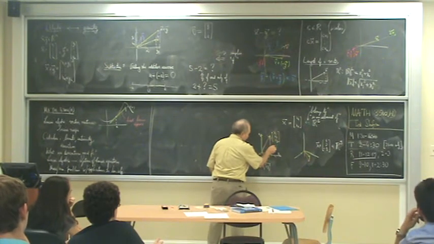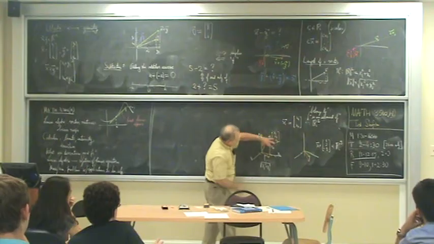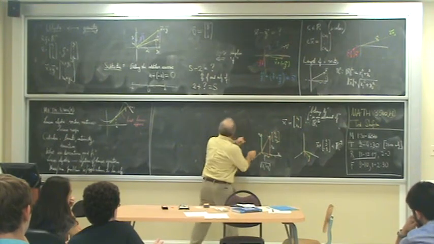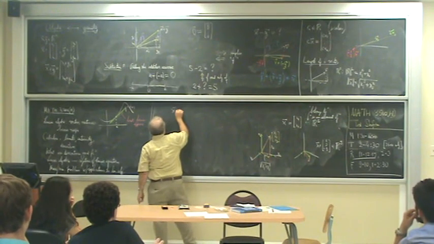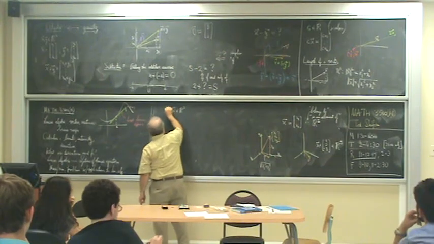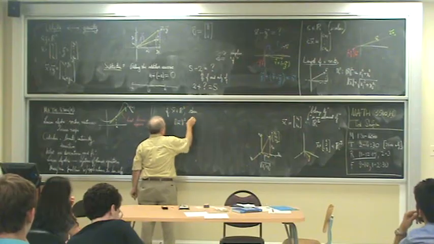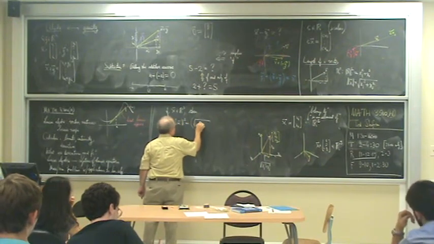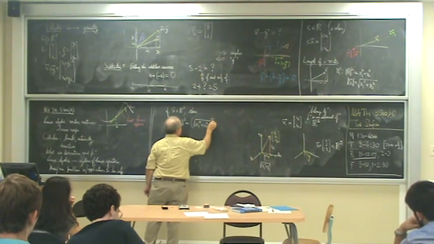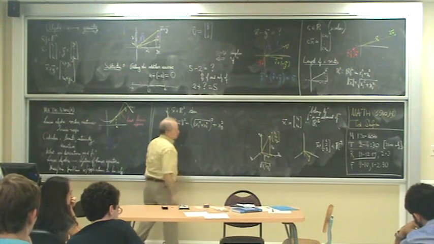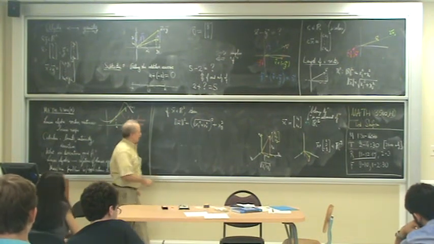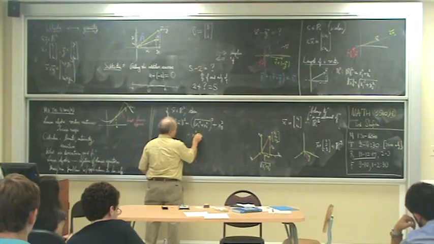This is now x3, so you have this right triangle. The hypotenuse squared is the square of the part in the base plus the vertical part squared. And that, of course, is now the sum of the squares.